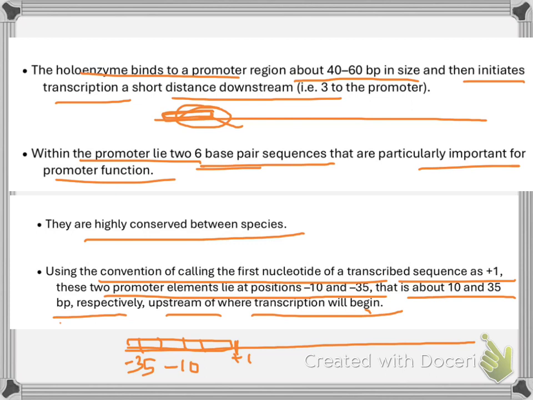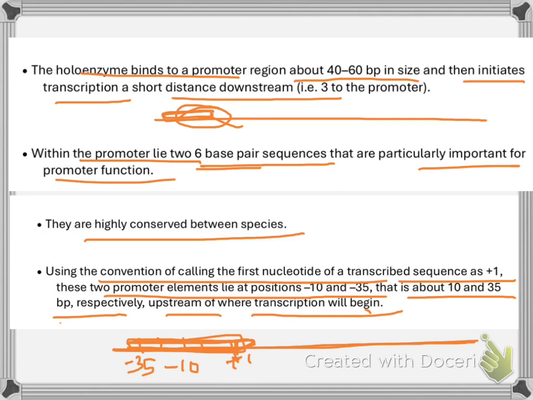Once more, this is the promoter, and this is the DNA to be transcribed. In this promoter there are two 6 base pair sequences, known as the minus 10 sequence and the minus 35 sequence.